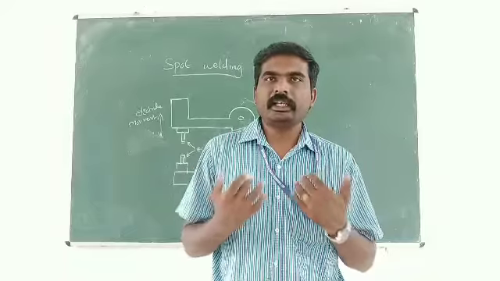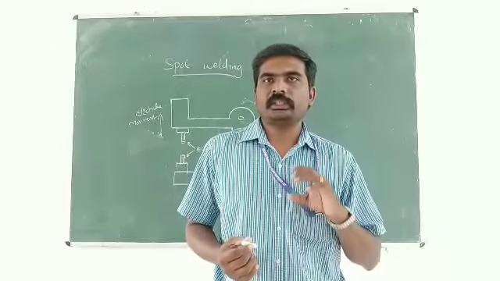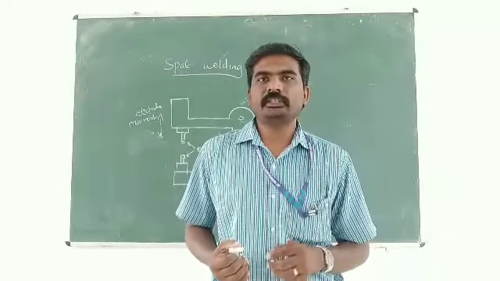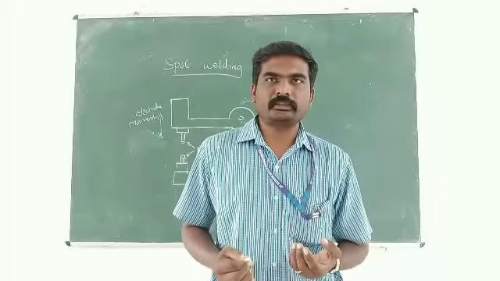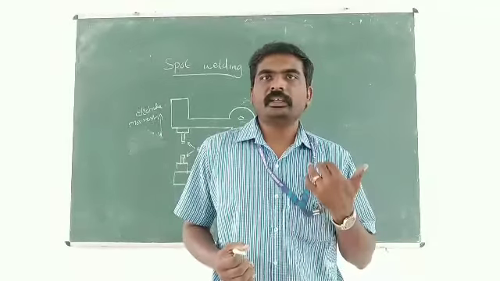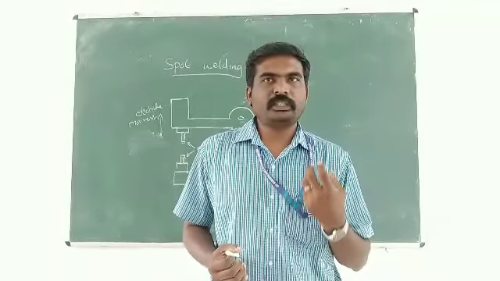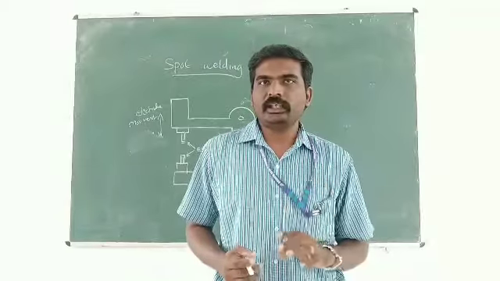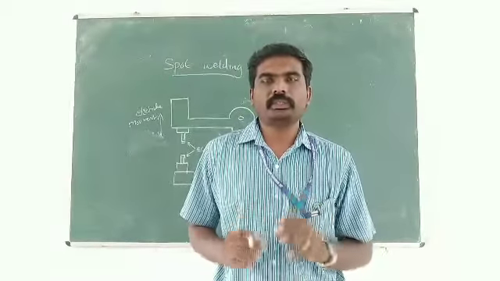When a high current is applied, the material melts because of the heat generated, and then we wait for some time. After it solidifies, we can remove the electrodes, so we get the welded points.